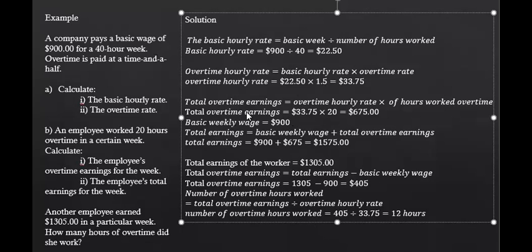Normally, when we want to find the total overtime earnings, we would multiply by the number of hours worked. Here we want to find the number of hours worked. So we are going to divide the total overtime earnings by the overtime hourly rate, which is 33.75. So it's going to be 405 divided by 33.75. So this person worked for 12 hours. Any questions?